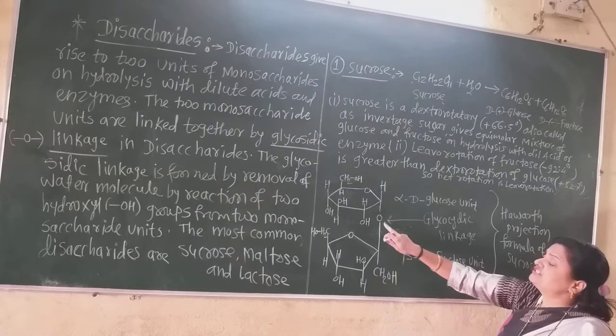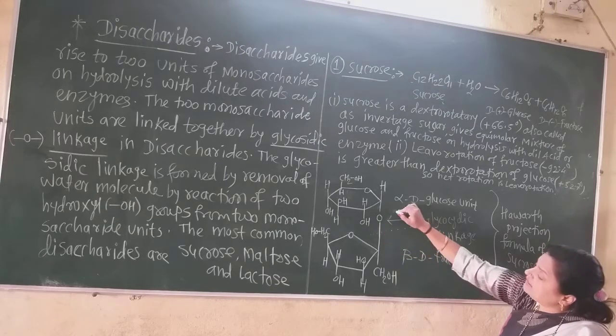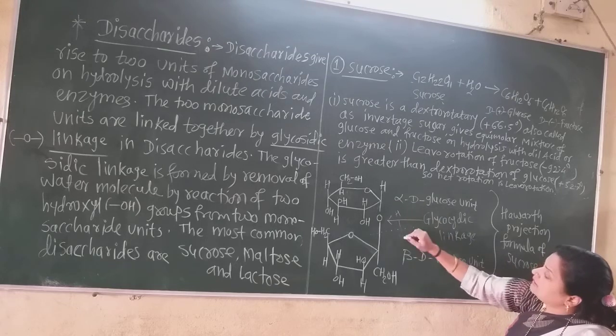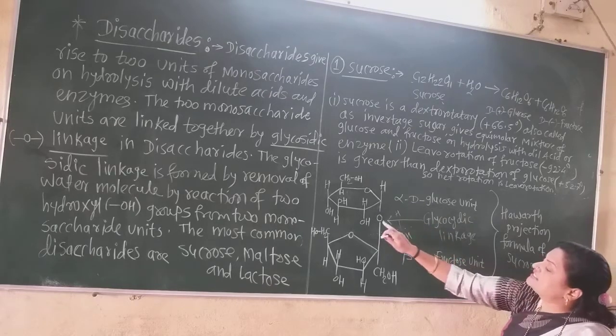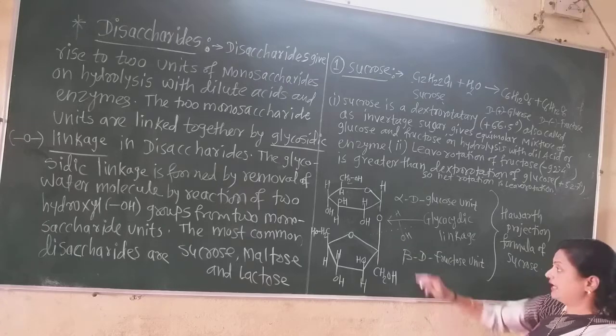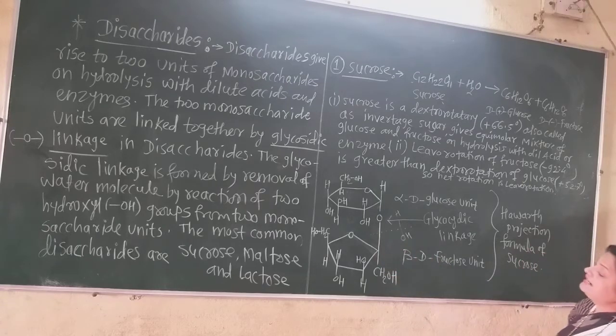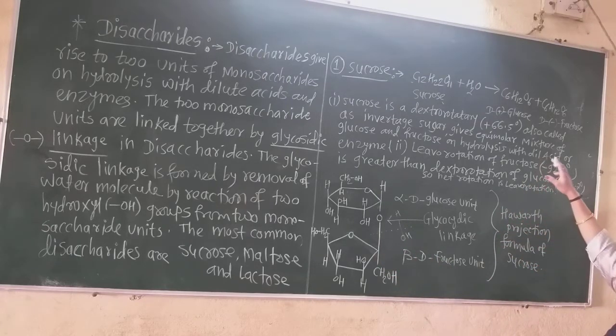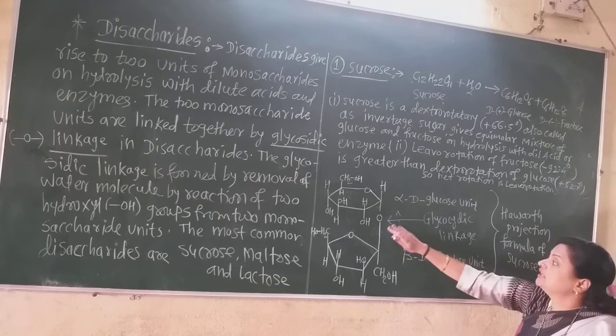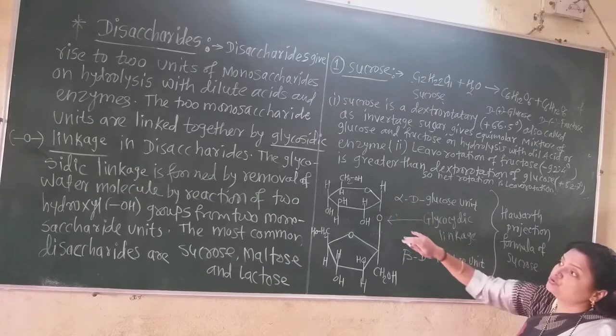Suppose this oxygen is on this glucose, then from the water molecule the hydrogen adds into this and the hydroxyl group adds into the other, and in this way the 2 monosaccharides, glucose and fructose, will be formed after the hydrolysis of this cane sugar, sucrose.